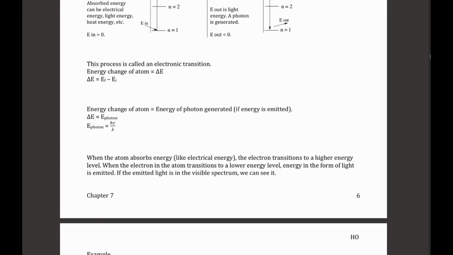And so the energy change of the atom, delta E, is equal to the energy of the photon, where we learned earlier that the energy of the photon is equal to hc over lambda. When the atom absorbs energy like electrical energy, the electron transitions to a higher energy level. When the electron in the atom transitions to a lower energy level, energy in the form of light is emitted. If the light is in the visible spectrum, we can see it.